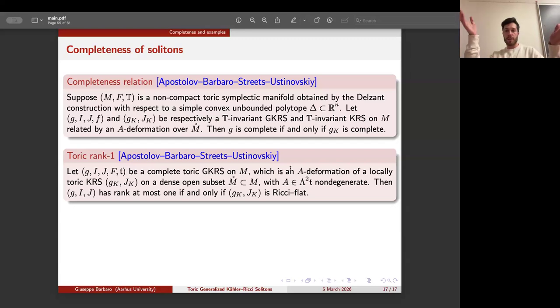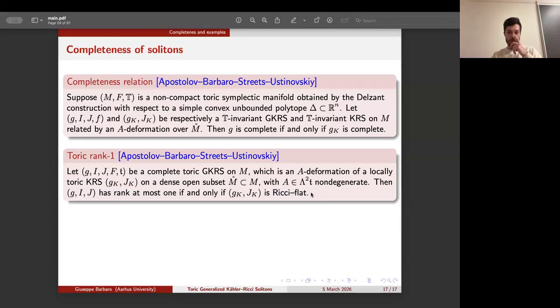And if you look at the equivalence between generalized Kähler-Ricci soliton and Kähler-Ricci soliton in this context, it turns out that the rank of the generalized Kähler-Ricci soliton is at most 1 if and only if its counterpart is Kähler-Ricci flat.